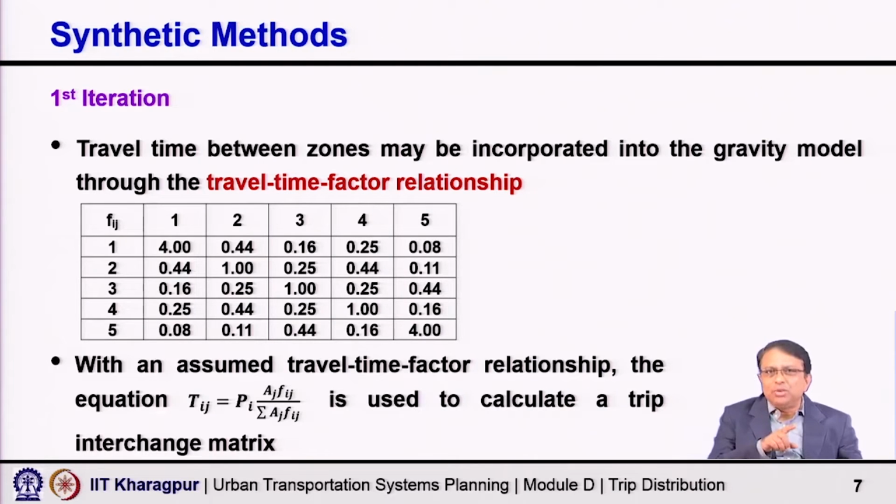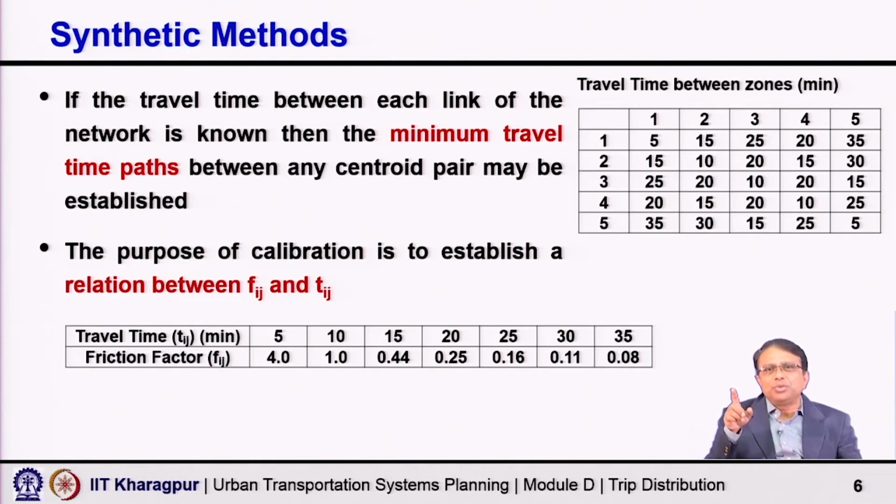How did we get these values? Again, to remind you, we got these values because we know the actual travel time, which is given here, and we have assumed certain values of friction factor corresponding to various travel times.